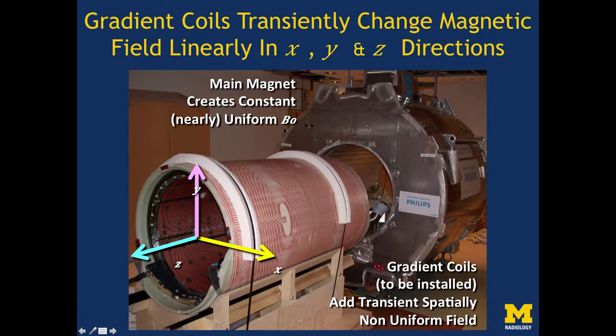So this is really a very strong magnet. But here you can see the gradient system. It's another set of coils that insert inside of this magnet. And these coils are pulsed, that is, they are turned on transiently in our imaging sequences to control the magnetic field in all 3 directions.